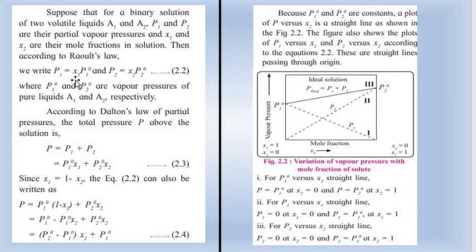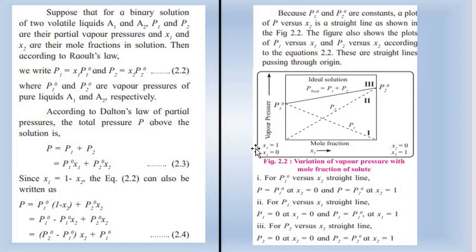If I put x1 value 0 here, what will happen? P1 will become 0, since x1 multiplied by P1 naught is equal to 0. I will get the first point here. And if I put the maximum value of x1, which is 1, I will get P1 naught here. So I am getting one straight line when I plot the graph between P1 and x1. Let's plot the graph between P2 and x2.